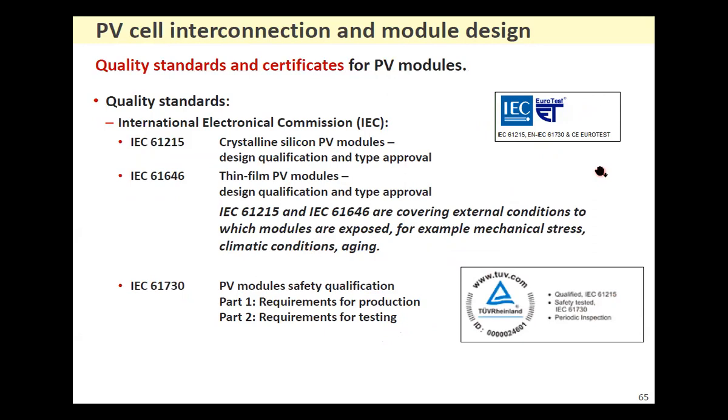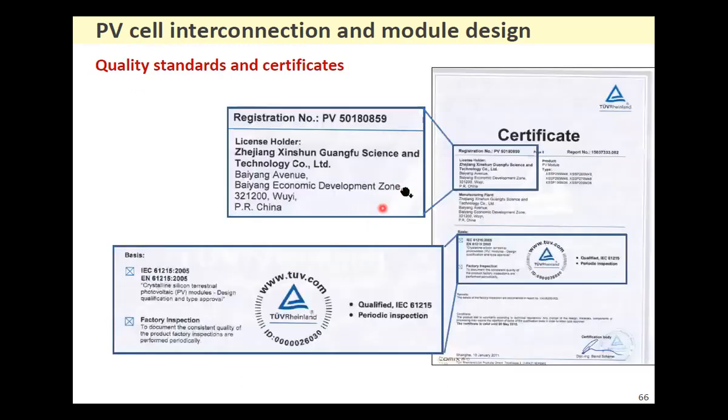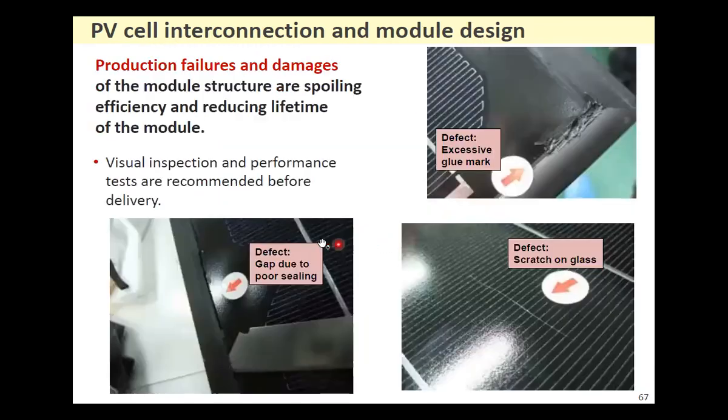There are many companies which are supplying PV panels without those certificates, and obviously they are C grade companies, or companies which are not authentic actually. Look, this is the certificate, the license holder, and these certificates are very important when you are buying the PV cells.